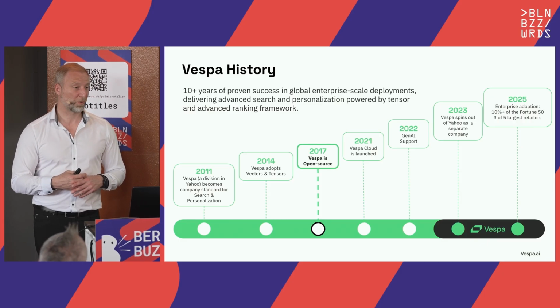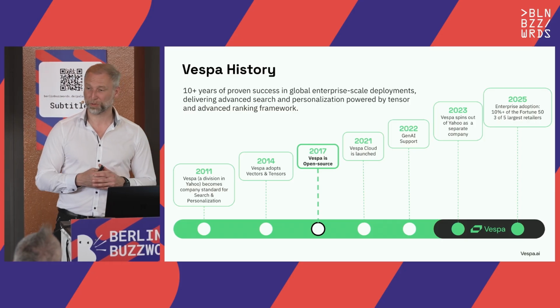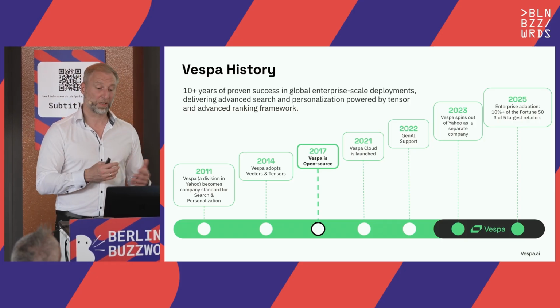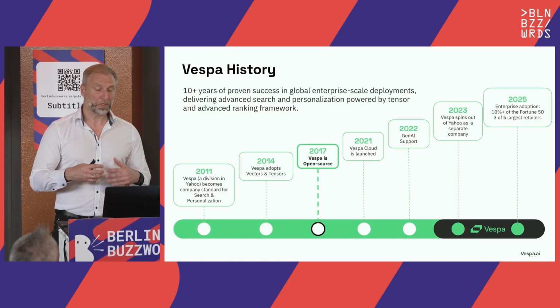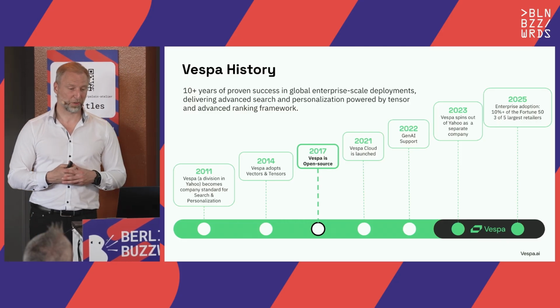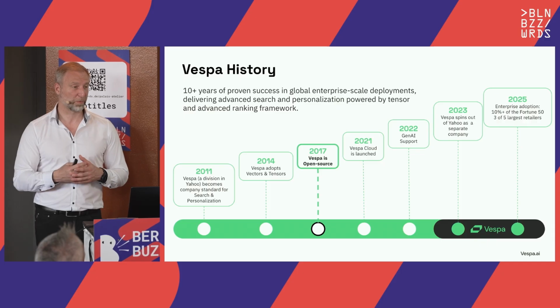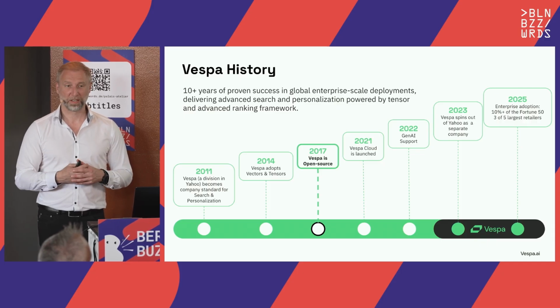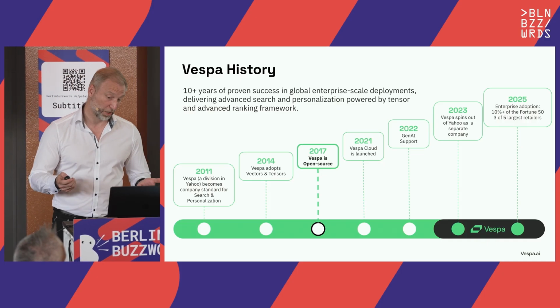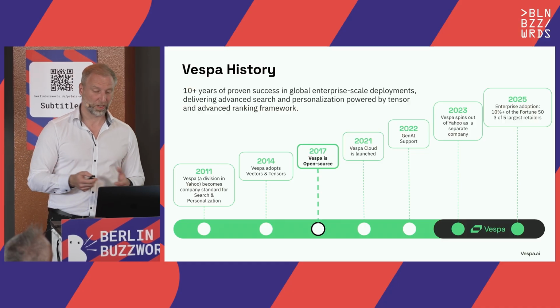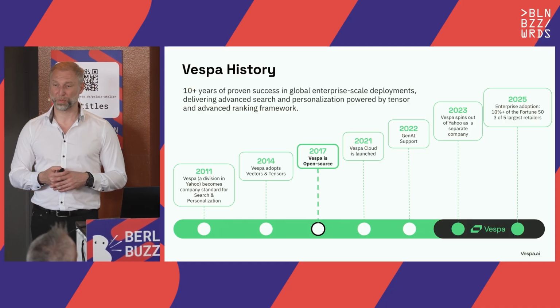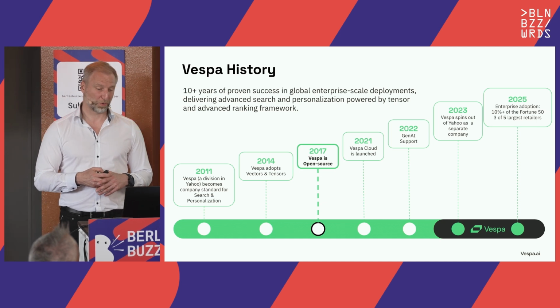TensorFlow at Google was probably created around the same time. So Vespa adopted tensor operations, which enabled Vespa users to do more advanced things in ranking, recommendations, and more advanced search expressions. In 2017, Vespa became fully open source. It's under the Apache 2 license.